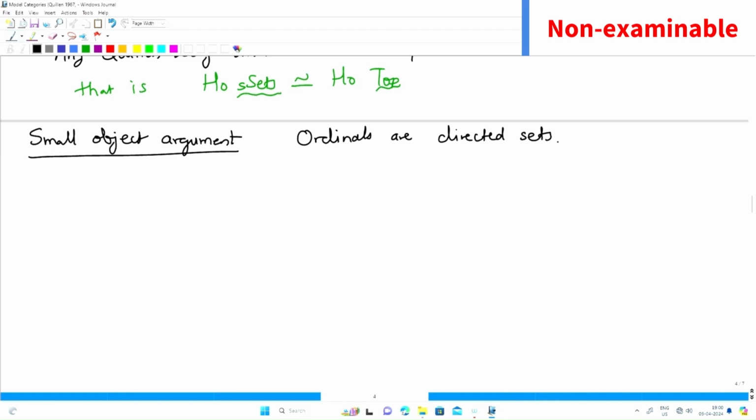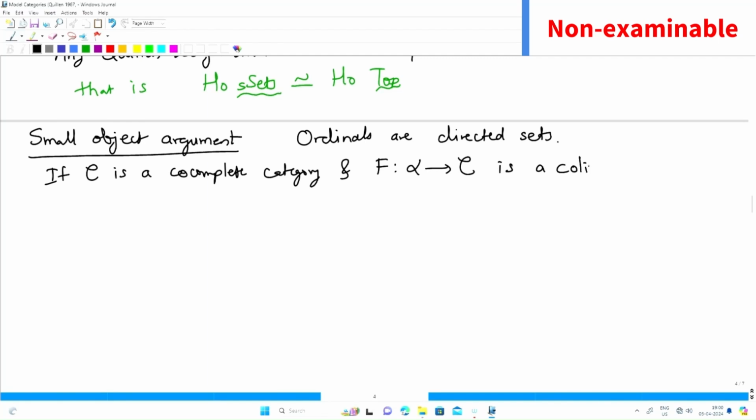So if C is a co-complete category, and F from an ordinal to C is a colimit preserving functor, then define the transfinite composition.